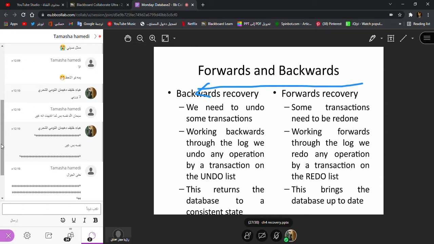Start from the end and then go backward. And then you will undo, or undo means remove the changes which were done by the transaction, and put that transaction into the undo list, and that will bring your database into a state where it was before the problem or before the system failure.